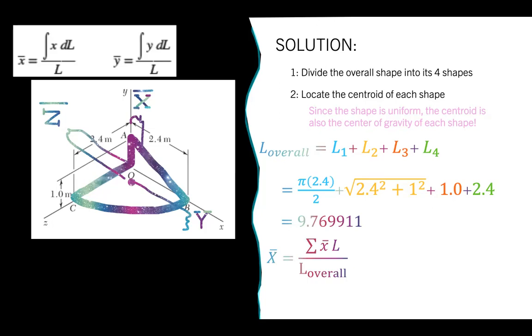So the x coordinate of the centroid for the overall shape is equal to the sum of the small x bars for each shape times the length of that segment of wire over L over all. So over here, L over all corresponds to the capital L in the diagram above.